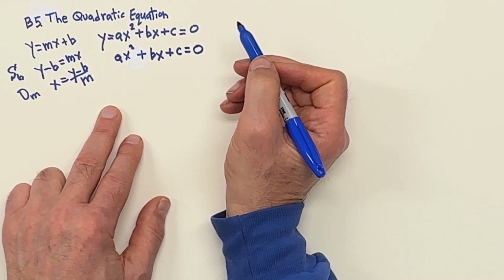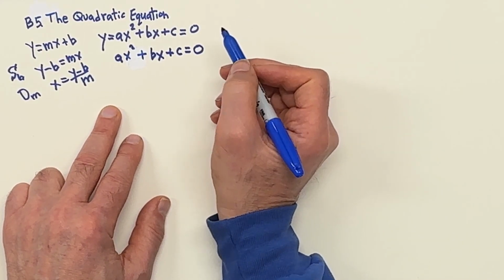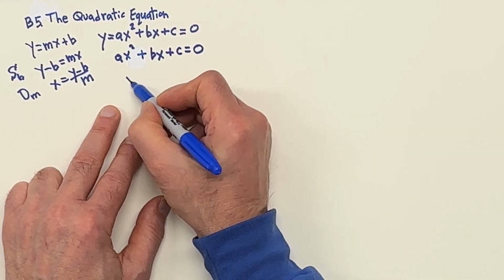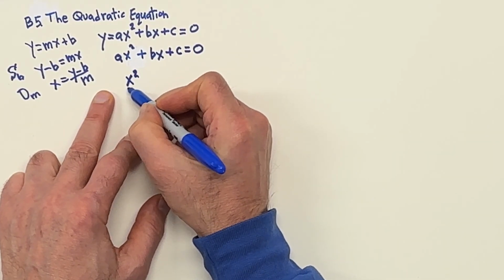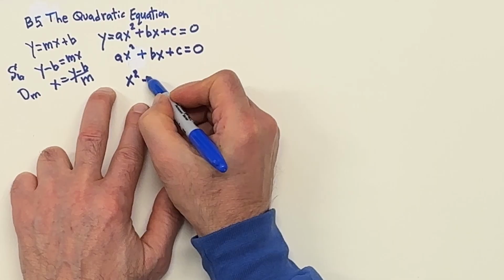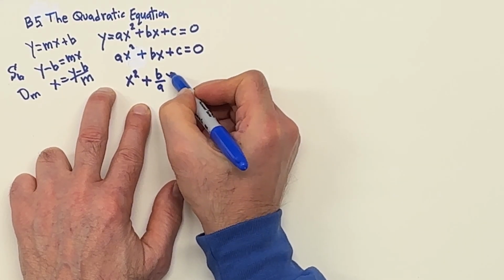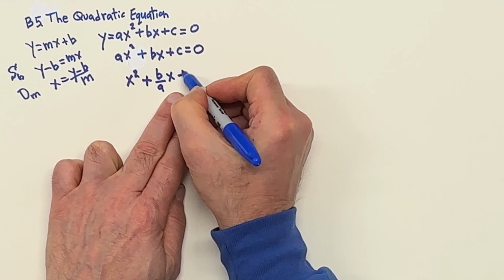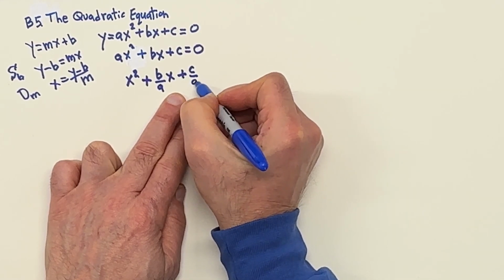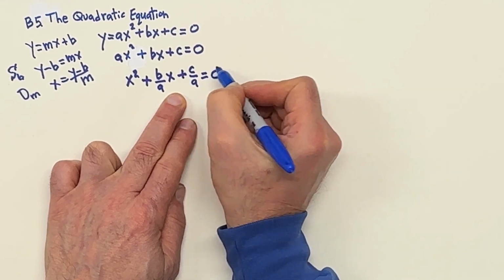Now I'm going to divide both sides of the equation by a. X squared plus b over a x plus c over a equals 0.